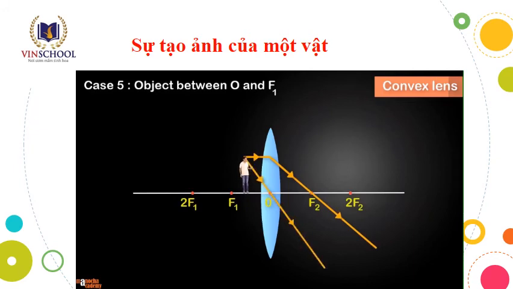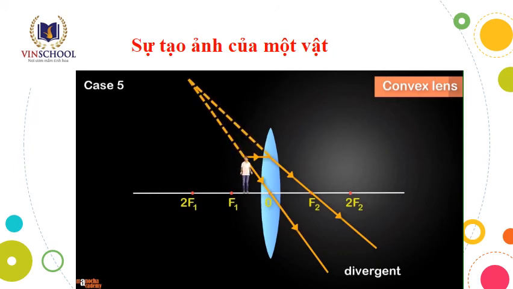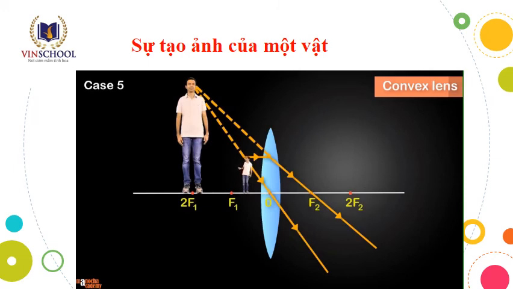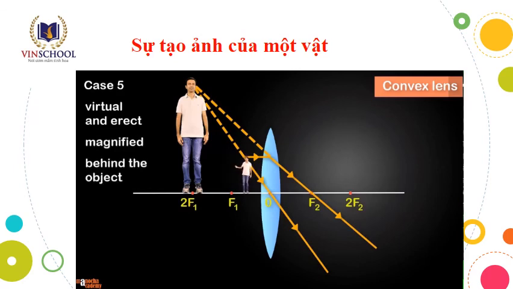As you can see, the refracted rays here are divergent. So we need to produce them backwards to obtain our image. Wow! Can you see? The image is magnified here. So what are the properties of the image? The image is virtual and erect, it's magnified, and it's formed behind the object.